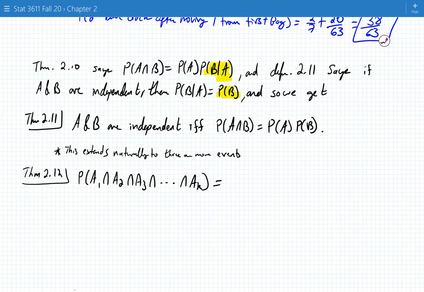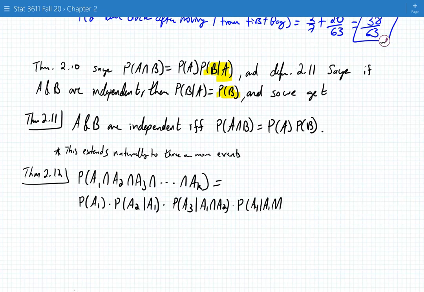That this is equal to the probability of A1, this is an extension of the multiplicative rule, times the probability of A2 given A1, times the probability of A3 given A1 intersect A2, times the probability of A4 given A1 intersect A2 intersect A3.